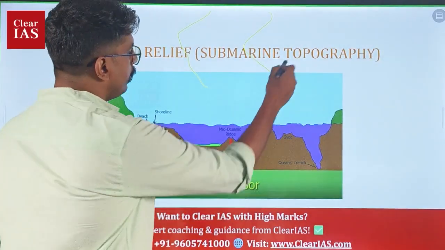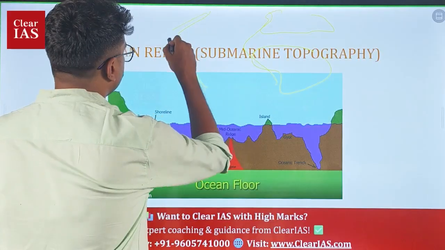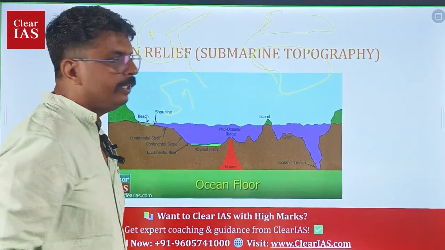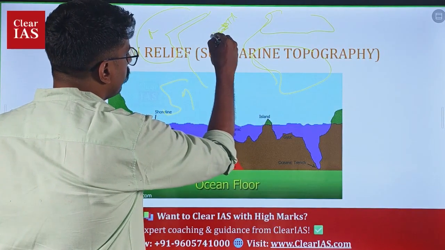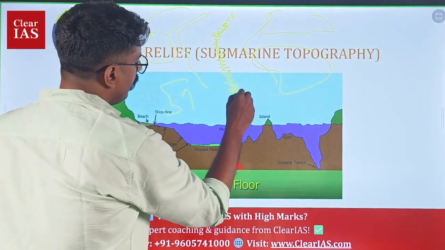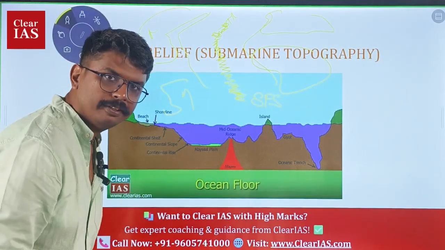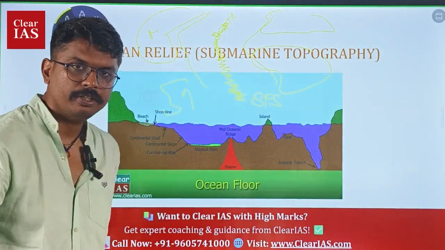Here you have Africa, here you have Europe, here you have North America, and here you have South America. In between you have continuous mountain ranges existing in the ocean. We would have studied it when we studied sea floor spreading. Remember? Yes or no? Continuous mountain chain.